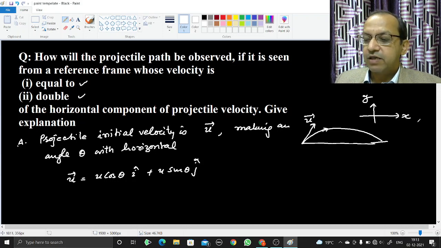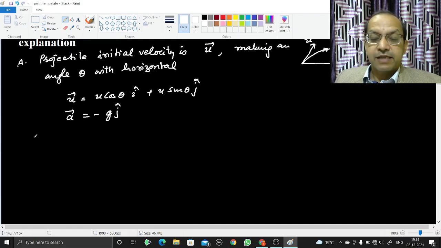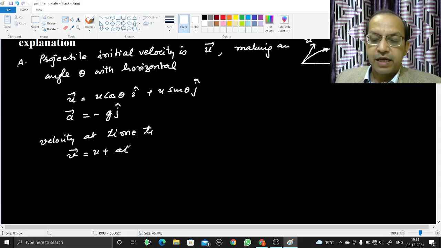The only acceleration is the acceleration due to gravity, so you can say a equal to minus g j cap. That means it has magnitude g and is along the minus y-axis. The acceleration is constant, so we can apply the equation of motion. The velocity at time t can be written as v equal to u plus a into t.